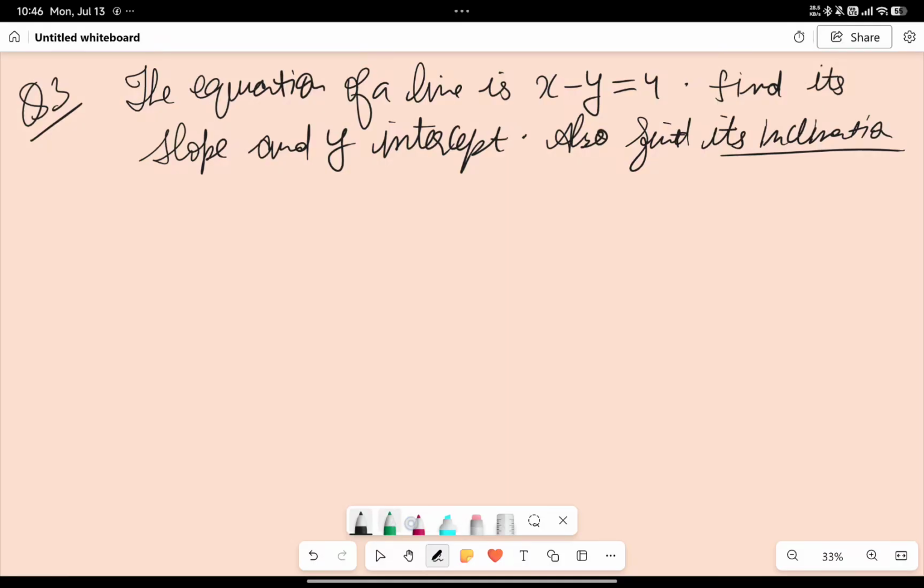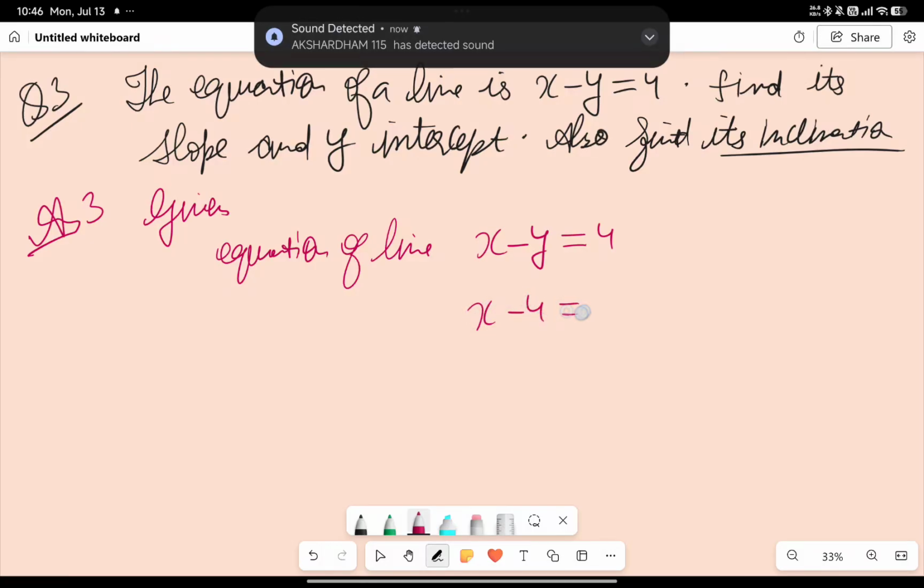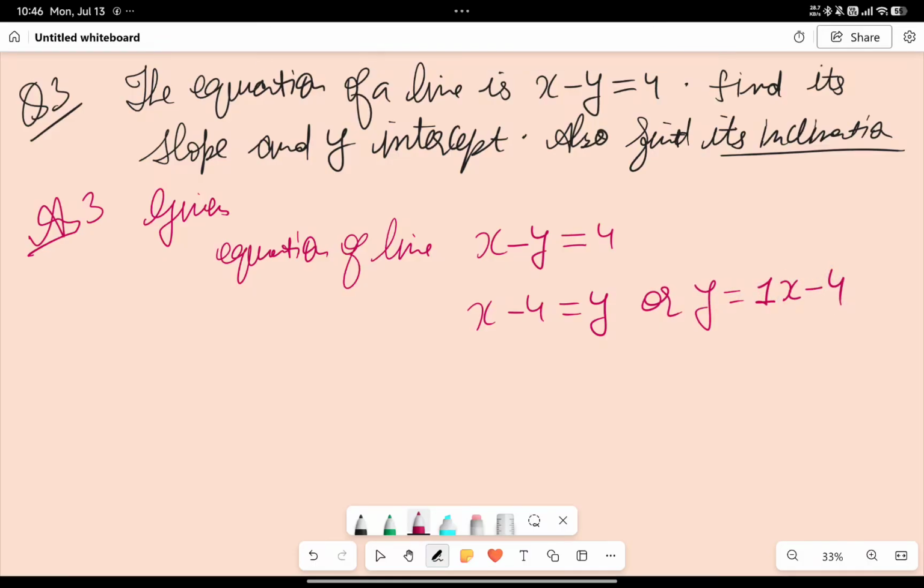To do such a question, the very first thing is you must write the given equation of line, that is x minus y equal to 4. You can write it the other way, x minus 4 equal to y, or y is equal to 1x minus 4.